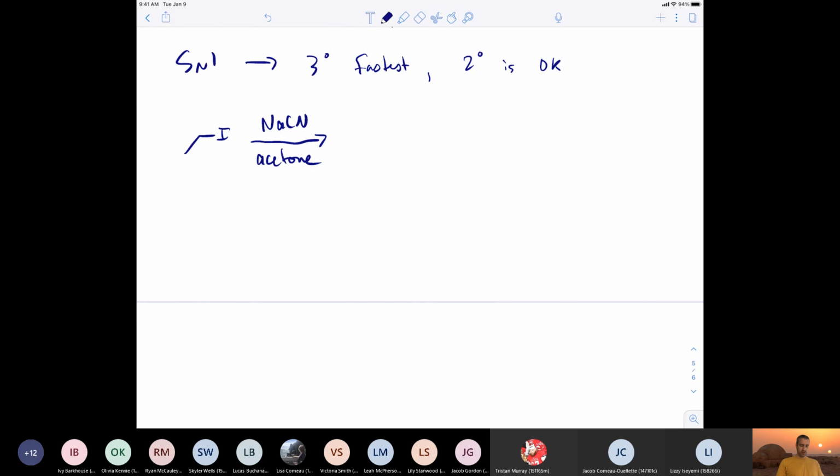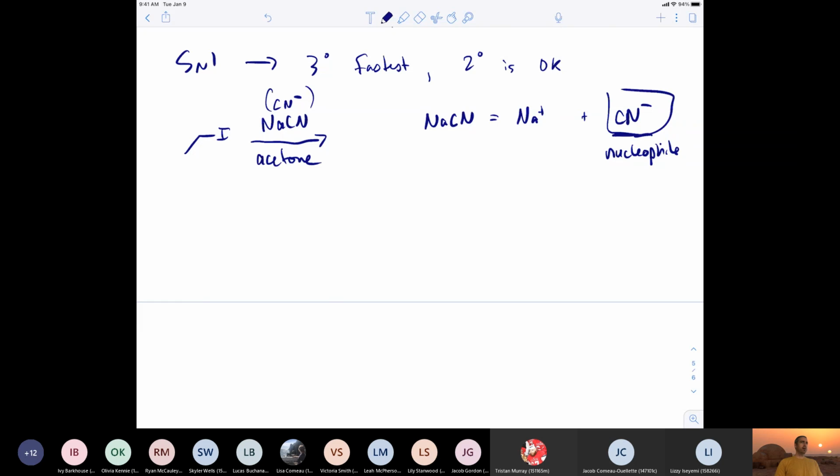Yeah, split it apart. NaCN is Na plus and CN minus. And this is the nucleophile. The sodium doesn't do anything. It just floats around. It's a spectator ion. So this is the important part. If you see NaCN, in your brain you should think CN minus. That's a nucleophile.